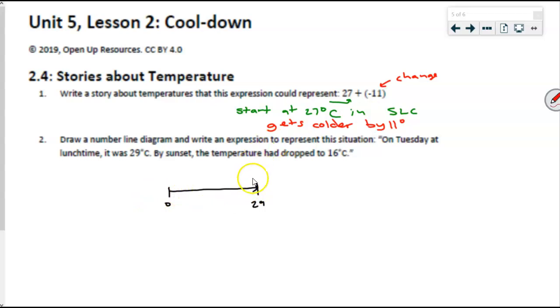And now it has dropped. That means I'm going to be going down to the left. It has dropped to 16 degrees. So I need to know how much did it go down in order to get to that 16 degrees. We can see that is going to be 29 plus a negative 13 is equal to 16 degrees.